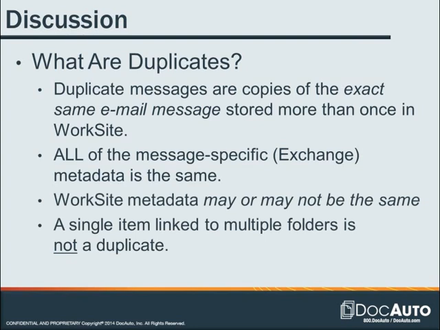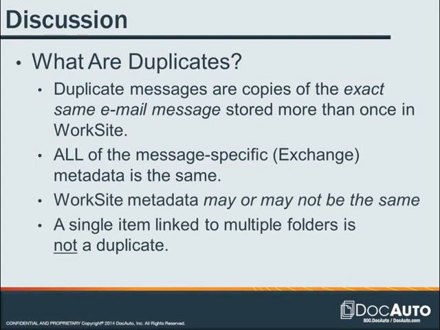Another important thing that is sort of a user training issue is that in WorkSite a single file, whether it's an email or any other kind of document or content stored in WorkSite, can be linked to and appear to exist within any number of folders in workspaces.